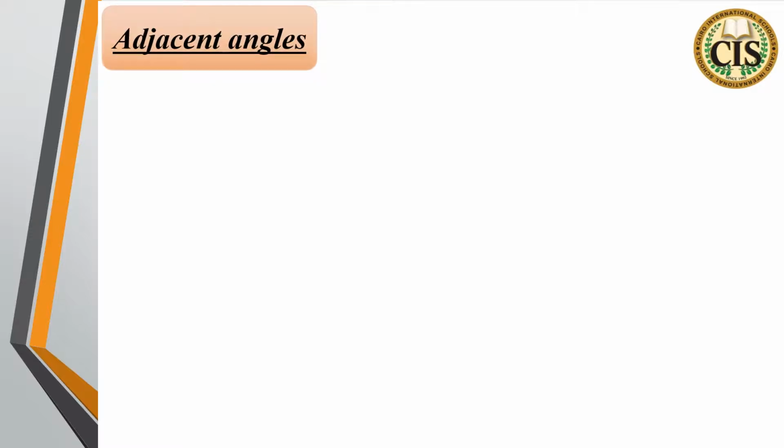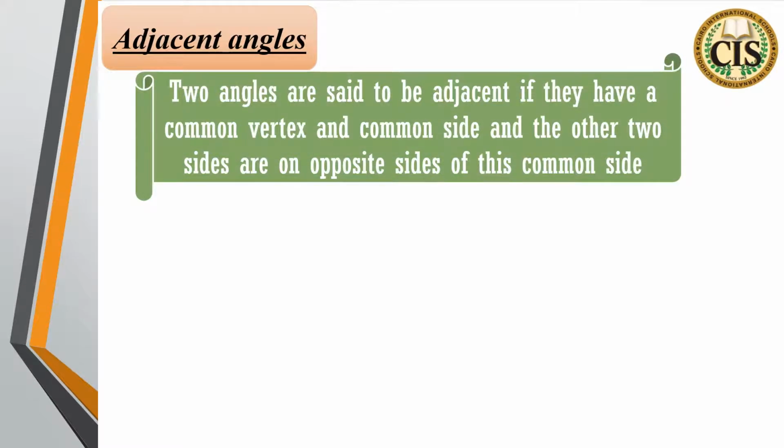Adjacent angles. Two angles are said to be adjacent if they have a common vertex and a common side, and the other two sides are on opposite sides of this common side.